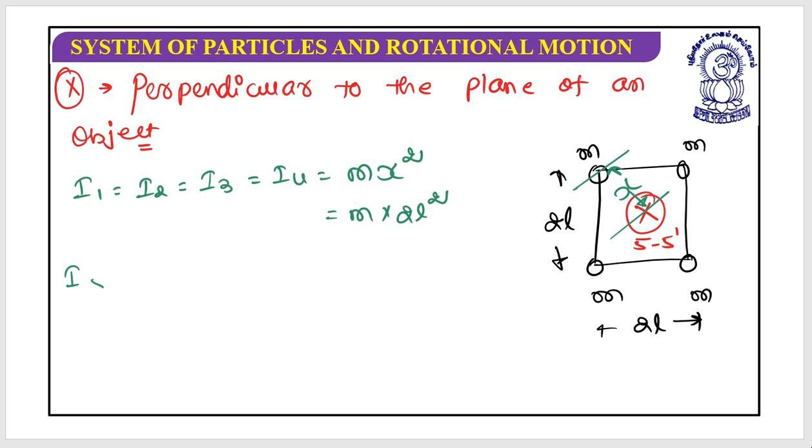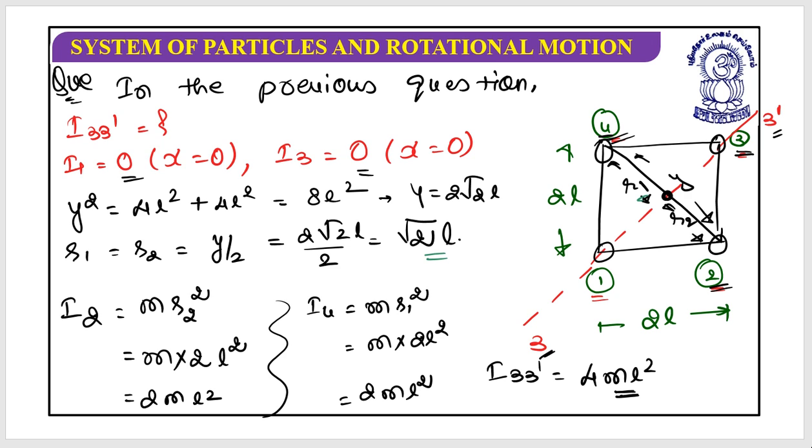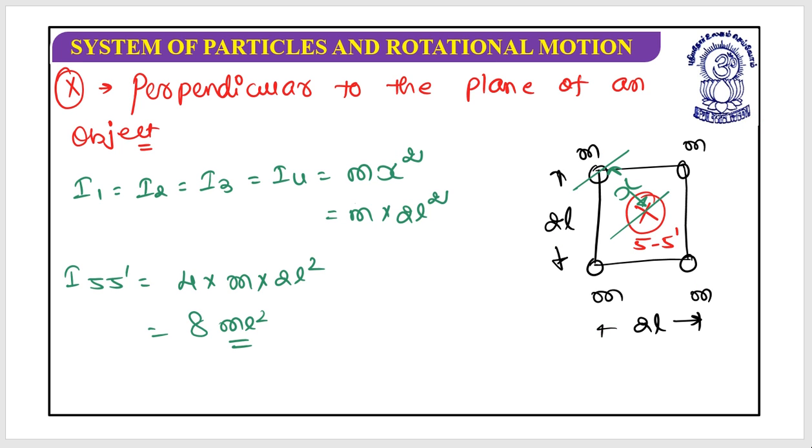So I dash would be equal to 4 into m into 2L square, which is 2 fours are 8ml square. So again, it was difficult compared to the rotational axis that passes through the diagonal only. So this moment of inertia would be 8 into ml square. I hope this is clear.